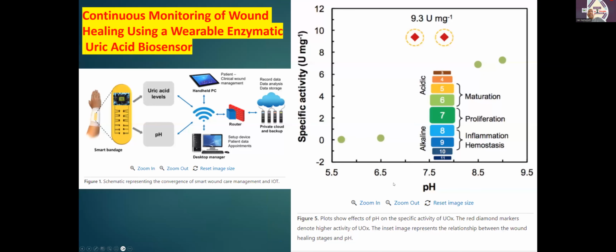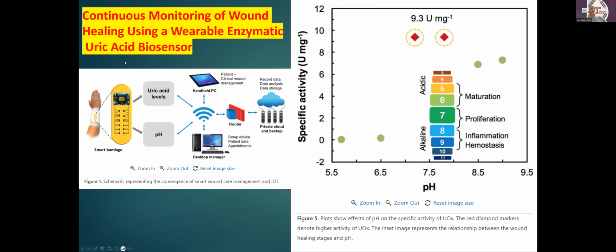And there was one study that I came across which tracked continuous wound monitoring using wearable technology, measuring uric acid in wound healing, wherein they found that alkalinity increases inflammation, and that progressively as the pH continues to drop in the wound, the uric acid also changes.